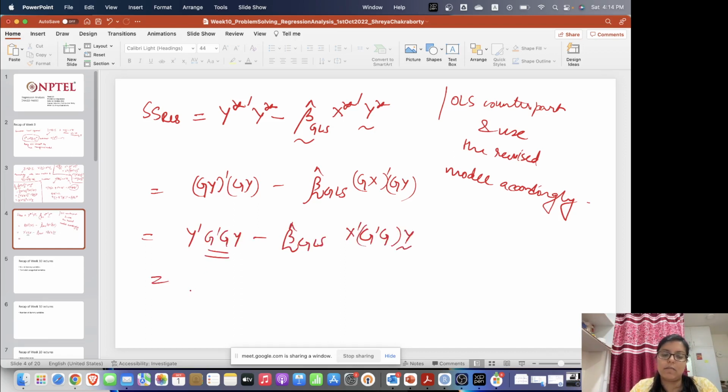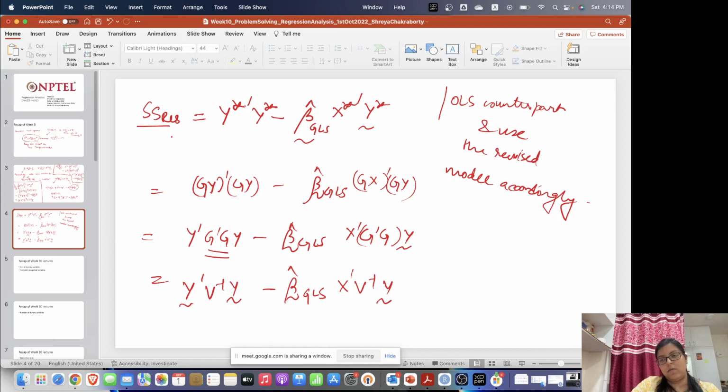And then this is nothing but V inverse. And remember, note these y are the original y's. Okay, so this is how all your formulas will change.